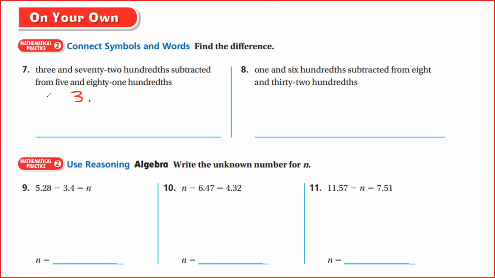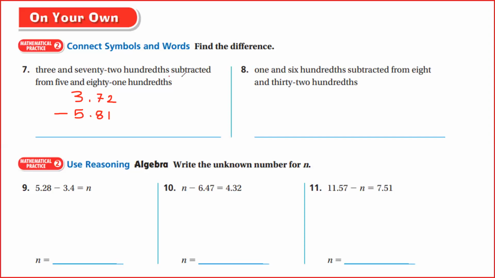Point, okay. 72. Bravo. Subtracted from 5 and 81.